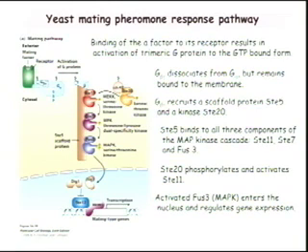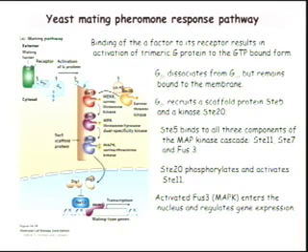Now the G alpha, we already know what it does. It goes to activate adenylyl cyclase and do whatever. Today we care about beta gamma. The beta gamma get kicked away from alpha. Beta gamma actually is doing something too. It activates a MAP kinase cascade to mediate mating type switching.